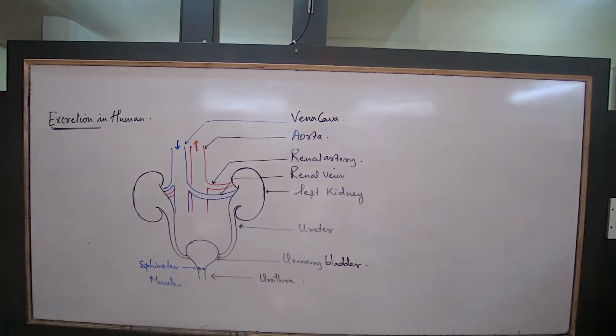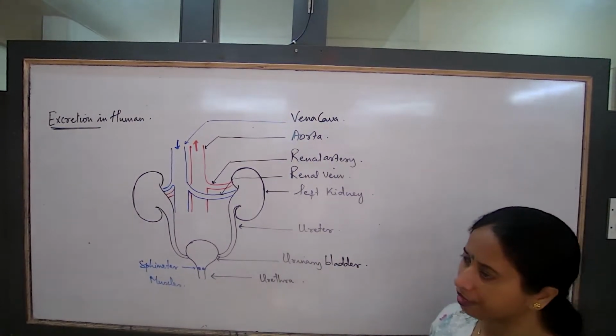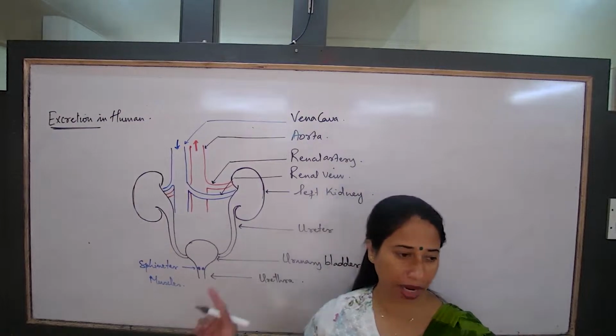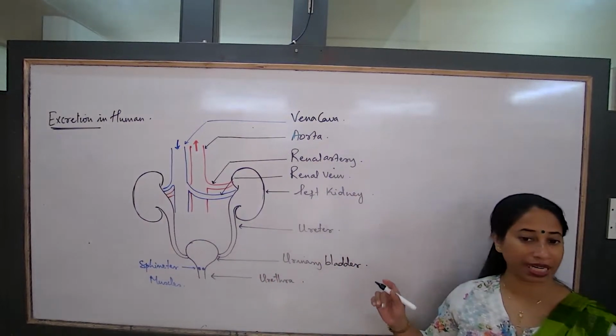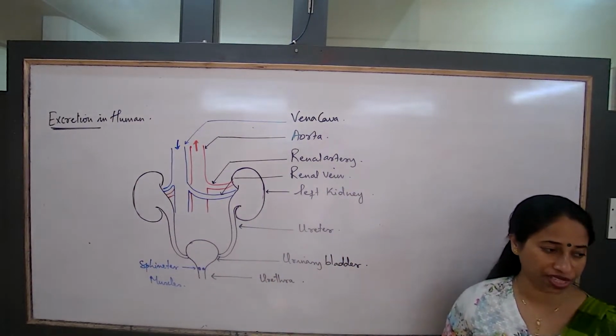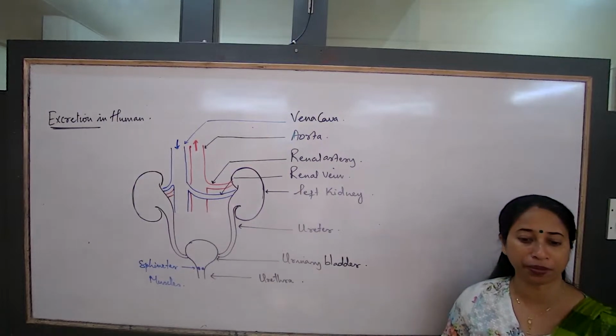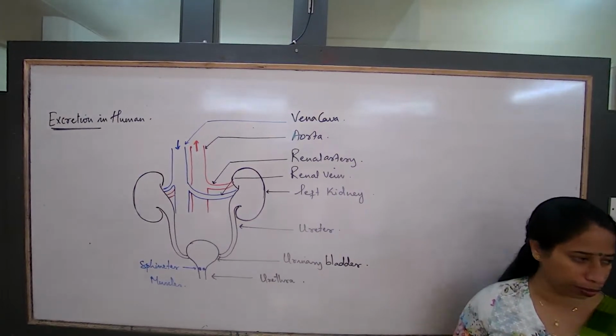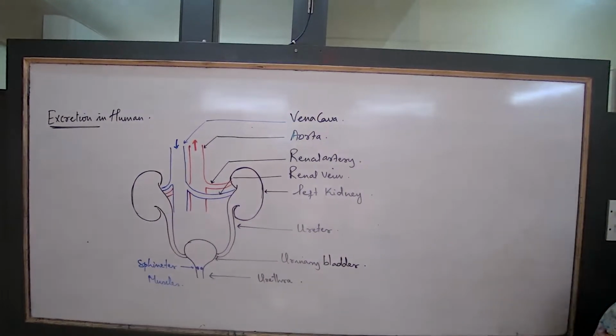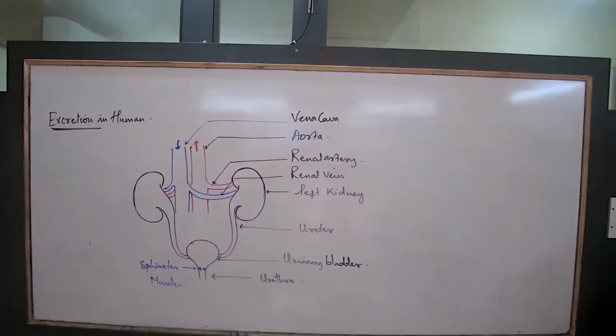The diagram should be bigger than this. The diagram has to be prominent, clear. The parts should not be clumsy when you draw the diagram. I have always mentioned that your diagram should be minimum 10 to 12 lines in your rule book, and these are big diagrams.